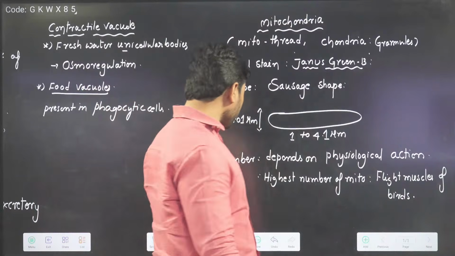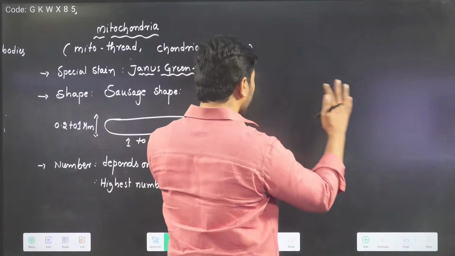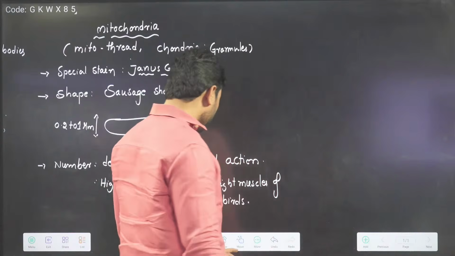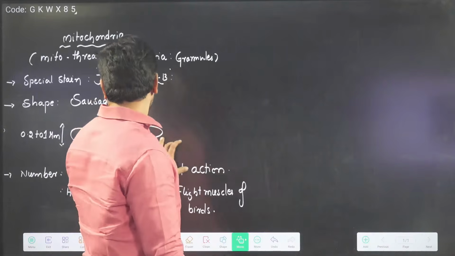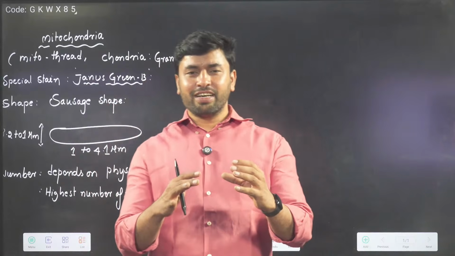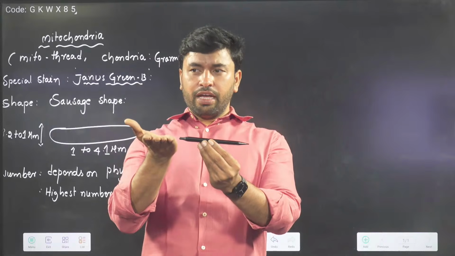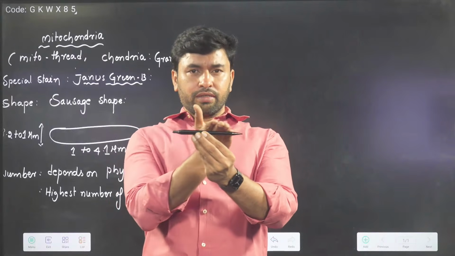Next, coming to the structural orientation of mitochondria. Now I am going to study the structure of mitochondria. For that, I will take a sausage-shaped mitochondrion and cut it transversely.